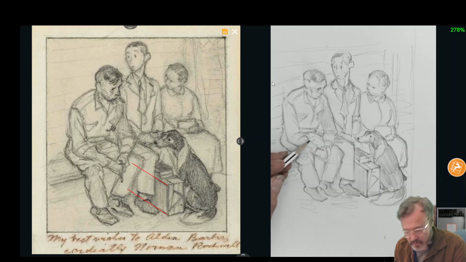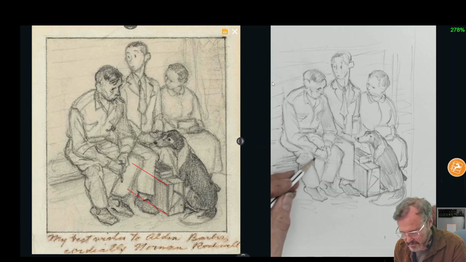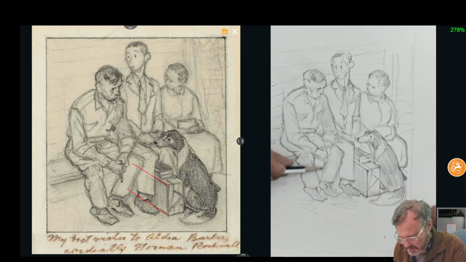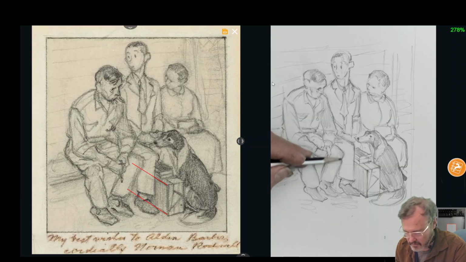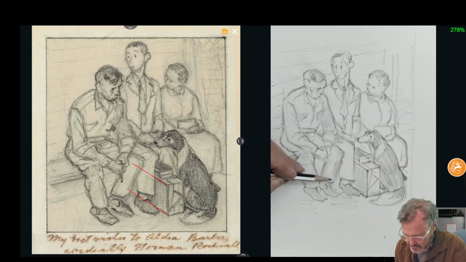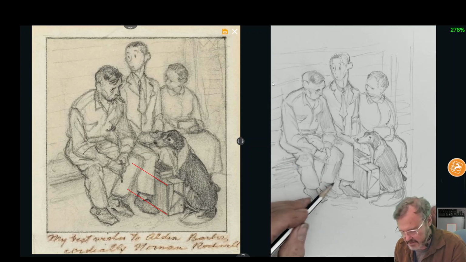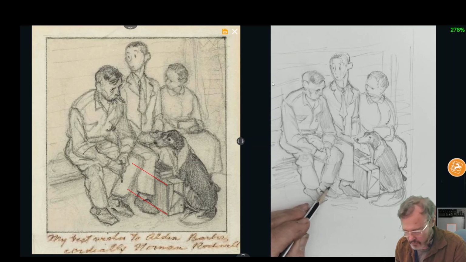So in a lot of ways, this type of work is a lot more significant to them than your really polished and finished pieces, especially if your polished work is just all done from photographs.